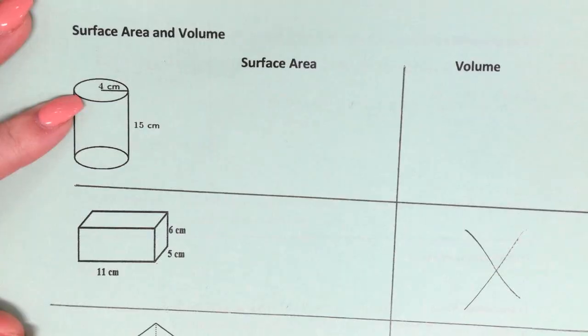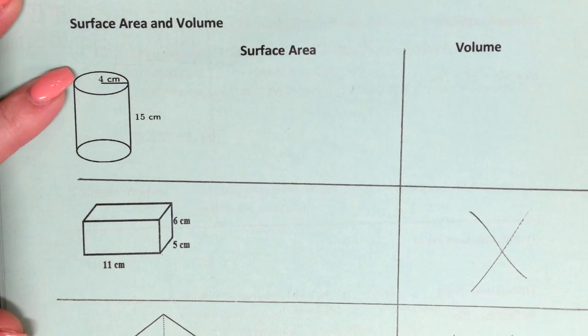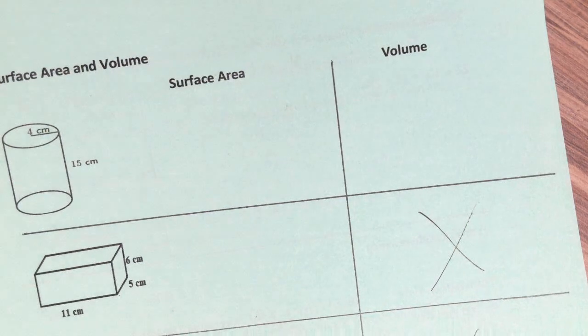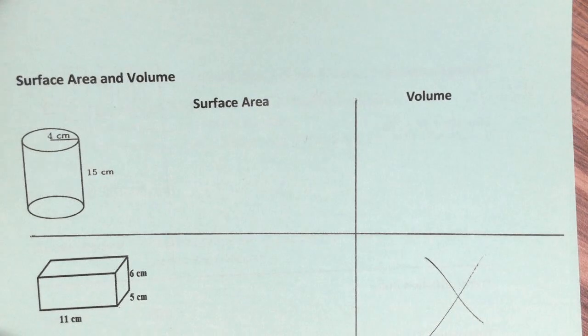Okay, for this section, you are going to want a star chart and your calculator. Anytime you're asked for surface area or volume, what do you have to refer to? Your star chart. Now, before your test starts, you make sure that you have filled out your star chart like we've practiced, right?